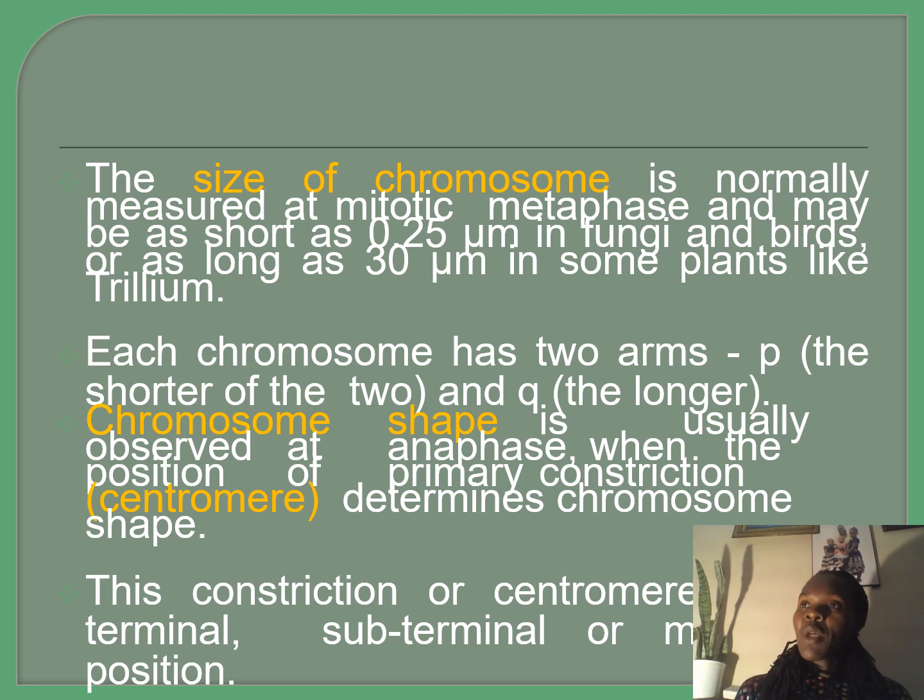So the centromere, or the primary constriction, makes those chromosomes to be classified as the subterminal, and the ones which can be found towards the middle. So you talk about the centromere being placed above the middle, or being at the middle, or being at the tip. So we are going to look at different classification of chromosomes based on the position of the centromere or the primary constriction.